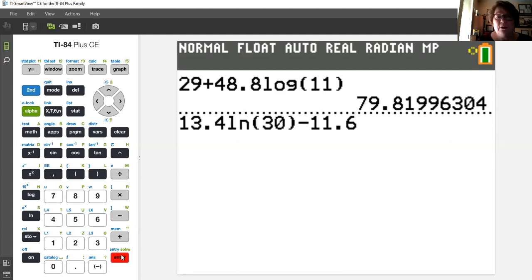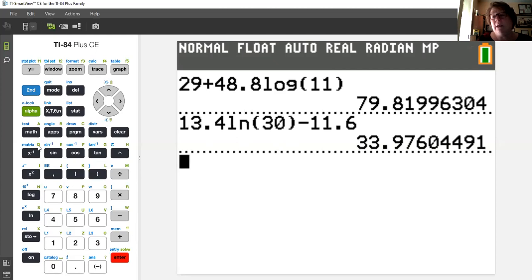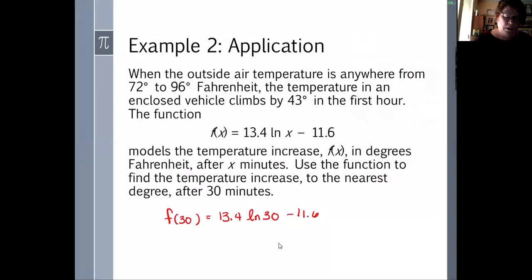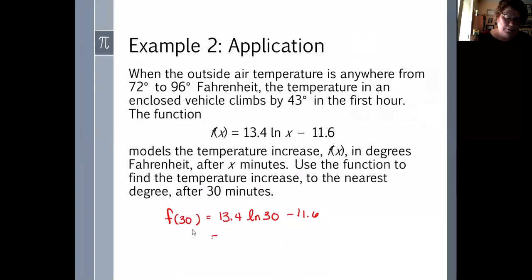So I'm going to hit enter, and I get approximately 34 degrees. So what's this mean? Let me go back and share my PowerPoint. All right, so we got 34 degrees.